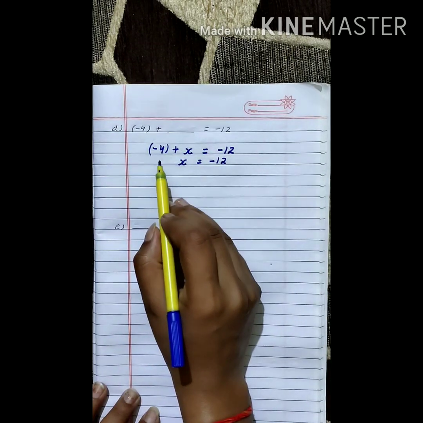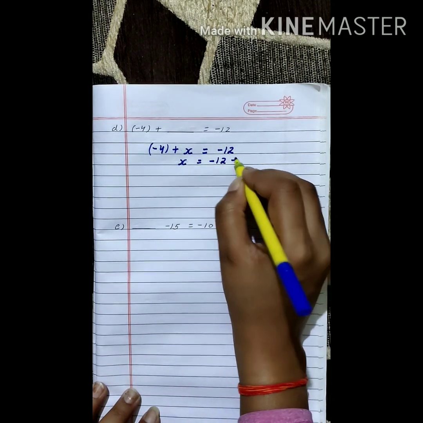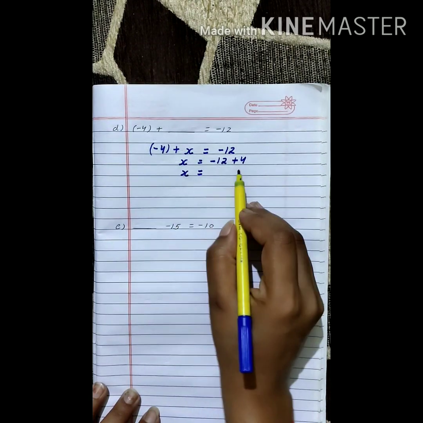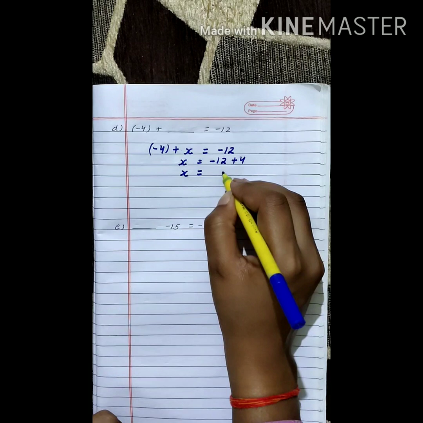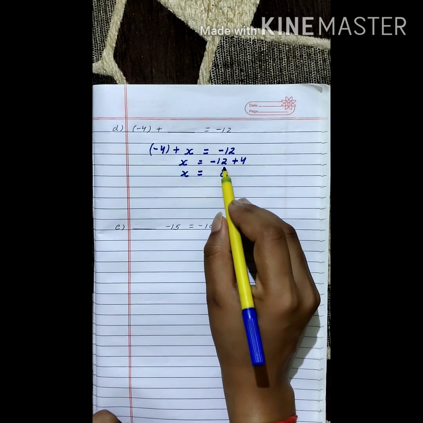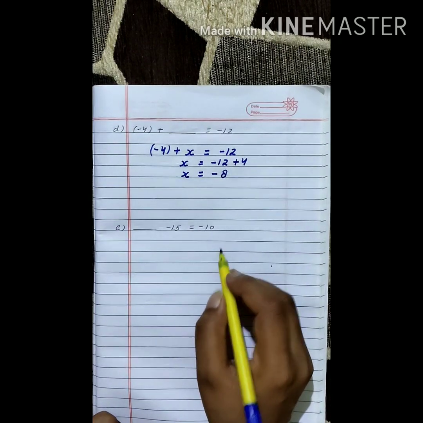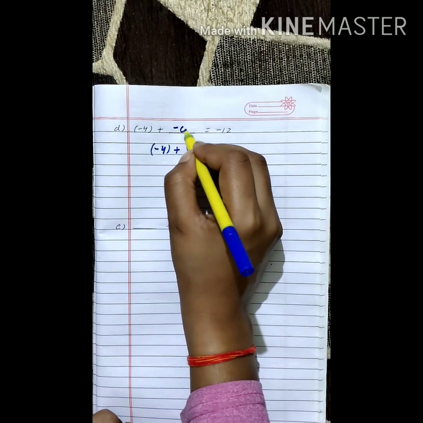After transferring, the sign will get changed. So minus 4 is converted into plus 4. Now 12 is a negative integer and 4 is positive, minus plus minus. So 12 minus 4 is 8. Here 12 is the greater integer and it is negative, so the answer will also be negative. Therefore x equals to minus 8. So we will write minus 8 here.